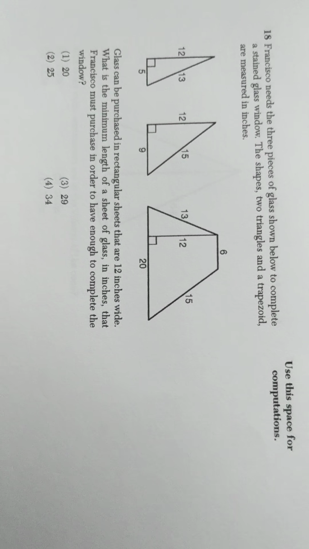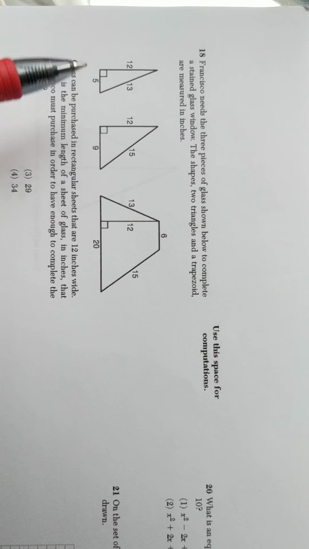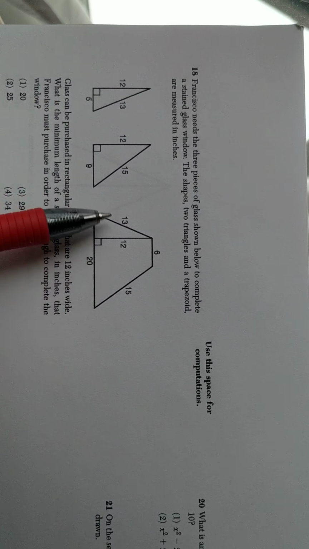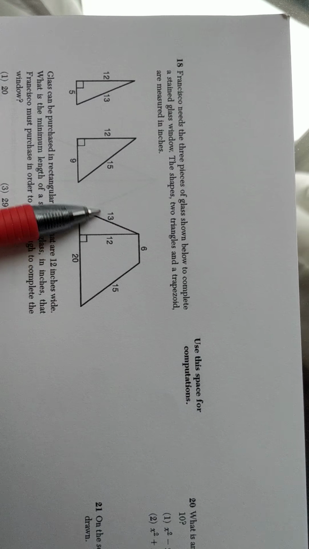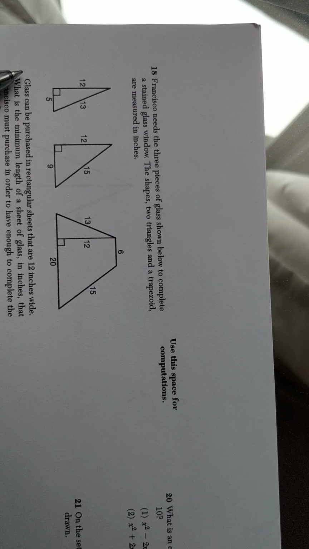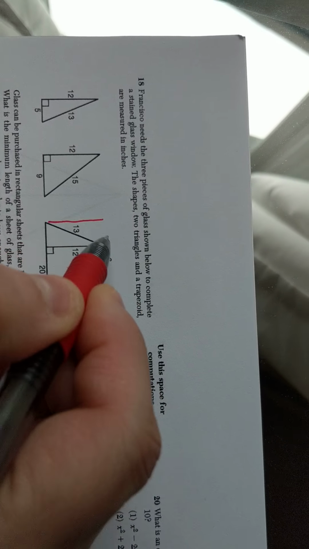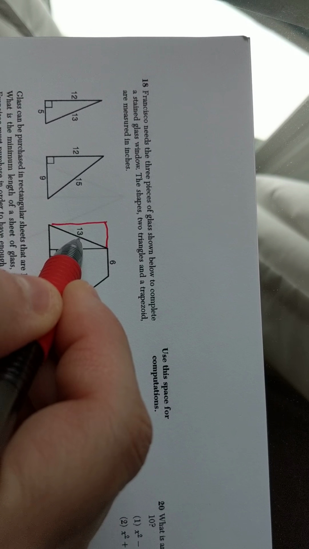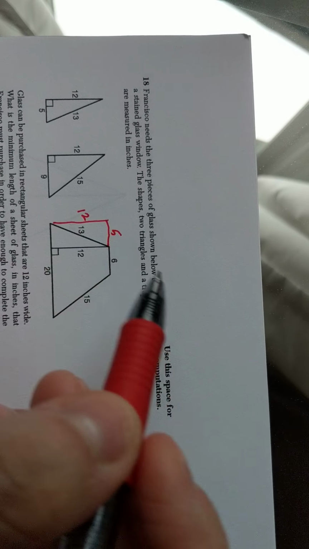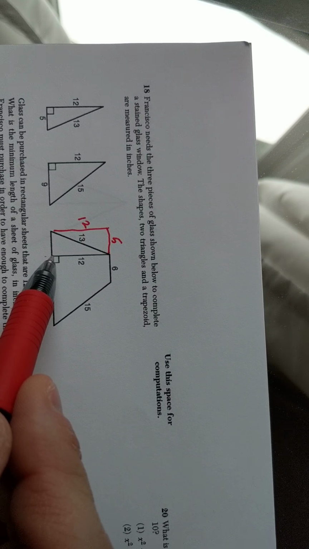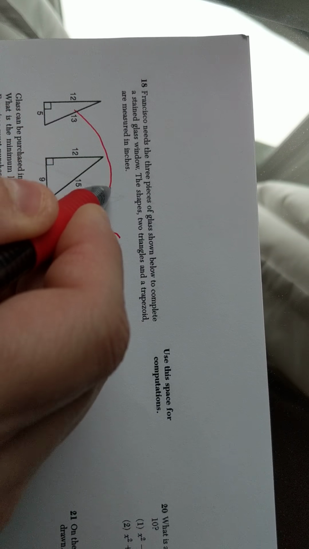Well, if you really look at these pieces, you can see that this has a 13 here and this has a 13 here. So can I reflect this or flip it over so that now it's here? So this 13 is here and this is 12 and this is 5. And since the height is 12, yes, just like a puzzle piece, I can fit this onto there.